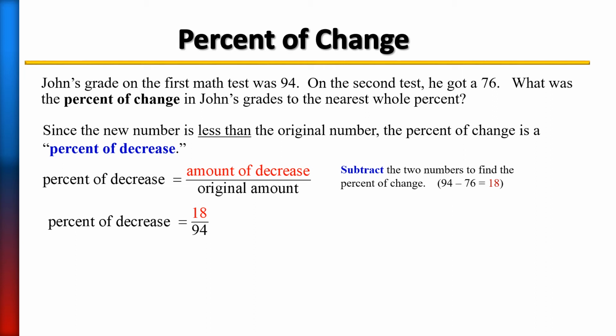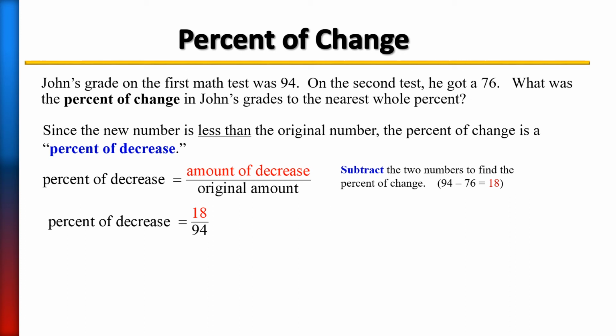So now to find the percent of decrease, all we need to do is turn the fraction into a decimal and then turn the decimal into a percent. So first, top divided by the bottom, which will be 18 divided by 94.